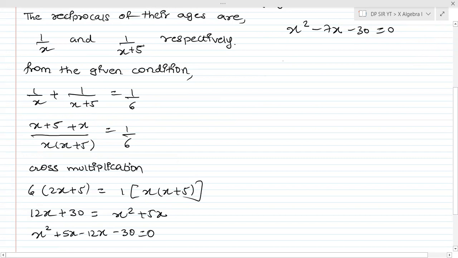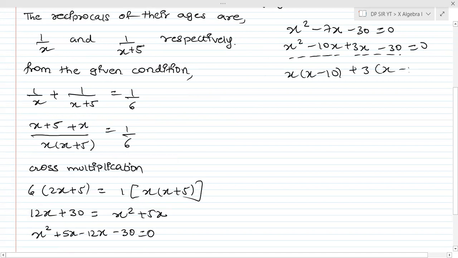So anyways, I hope you all understood. So x square minus 10x plus 3x minus 30 is equal to 0. Form the groups: x into x minus 10 plus 3 into x minus 10 is equal to 0. Don't forget this 0. People forget this 0 and then everything goes wrong.